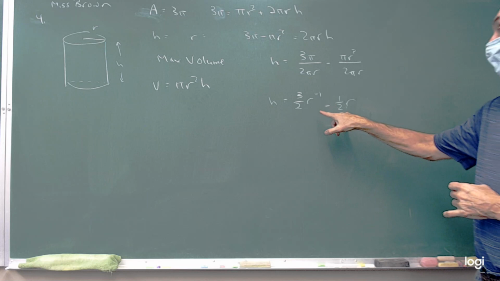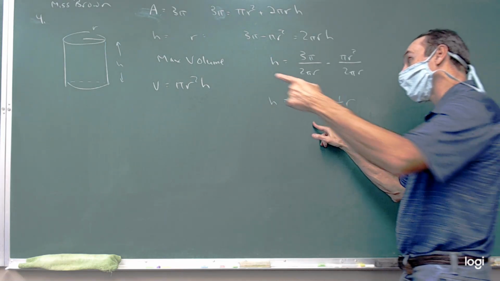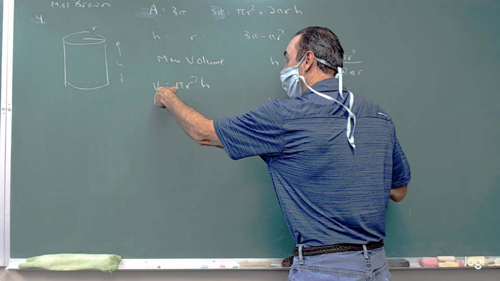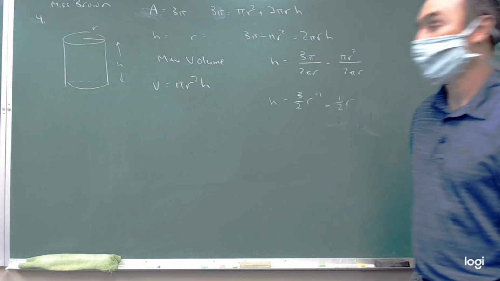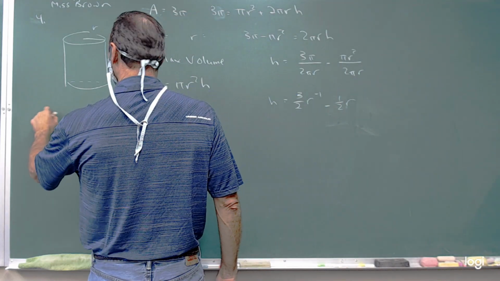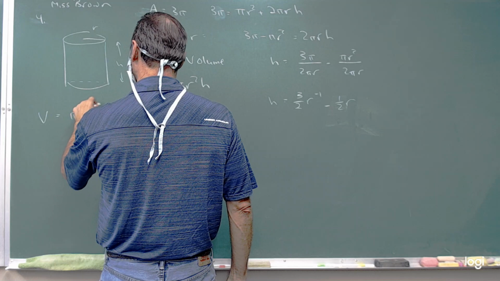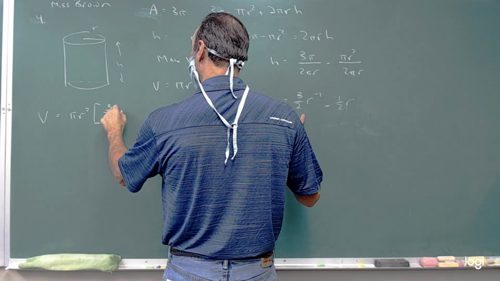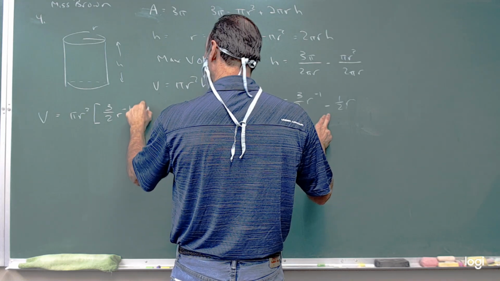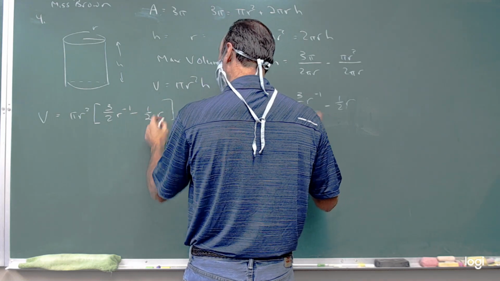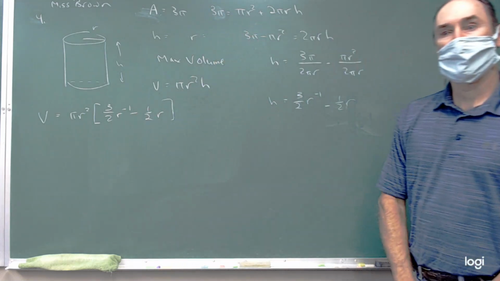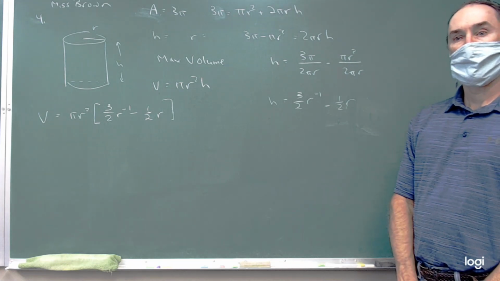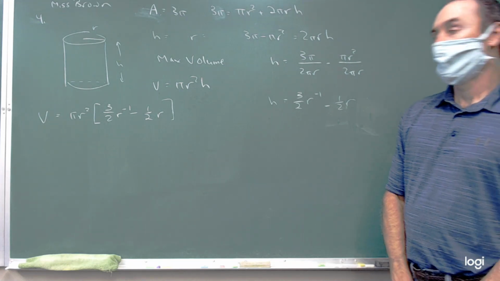So now we're going to plug this in for h into the thing we're trying to maximize. So that's going to become volume is pi r squared times 3 halves r to the negative 1 minus 1 half r. And we can distribute that.